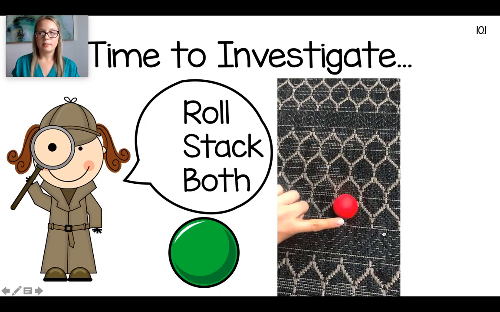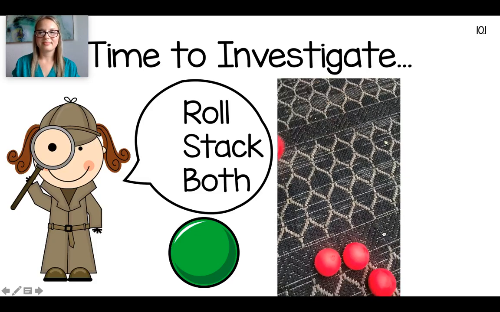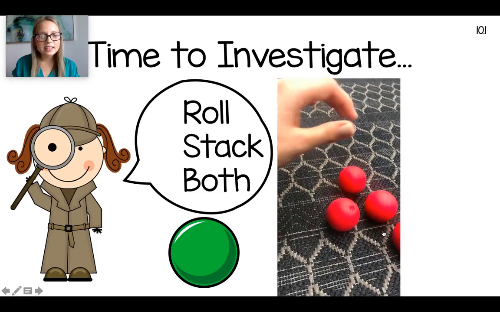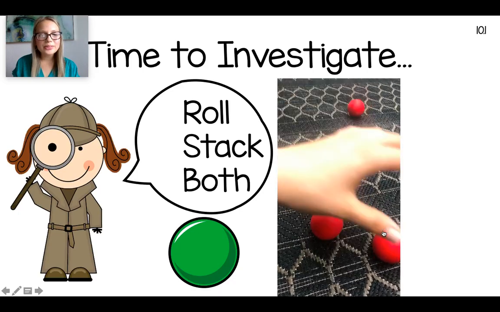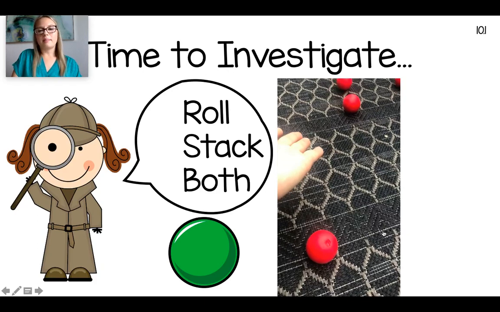I take the ball. Let's see if it can roll. Can it roll? Can it stack? Ooh, no, I don't think so. So let's see what happens. It can roll. It can't stack. So can it do both? No, because it can't stack.